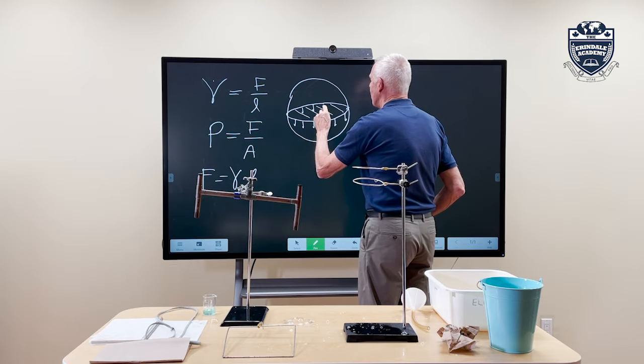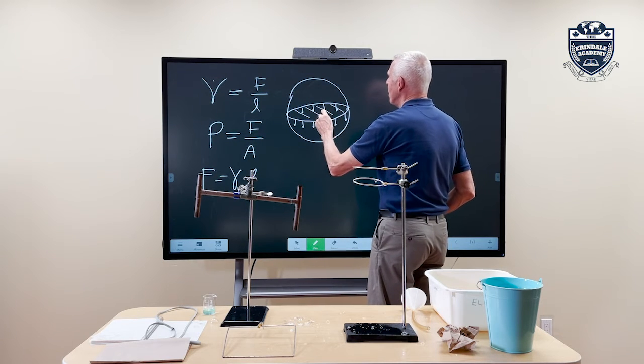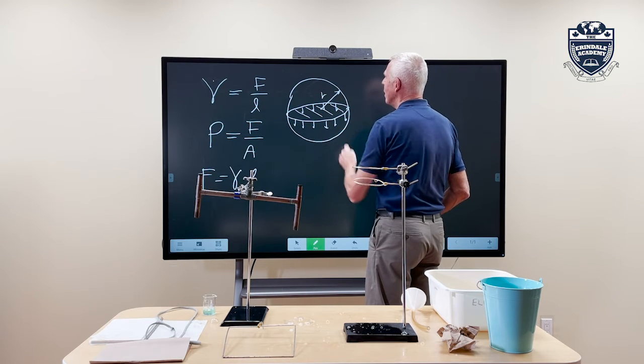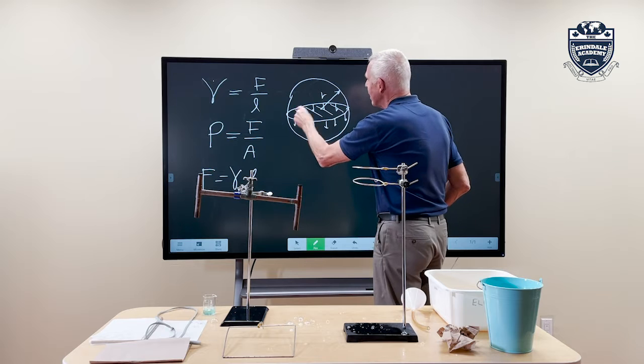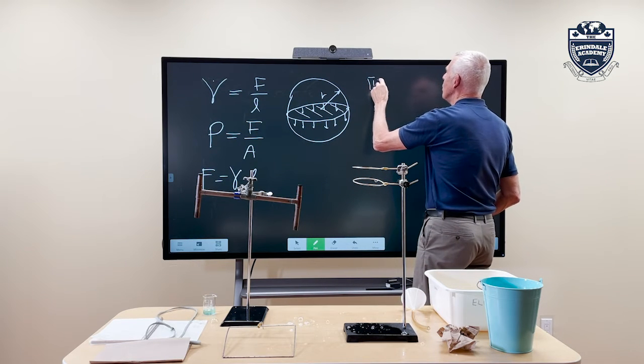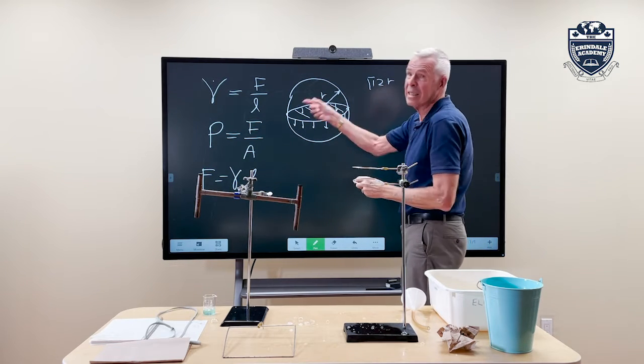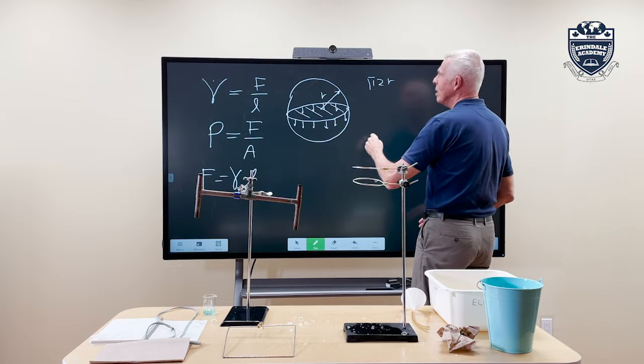Imagine we cut this sphere in half. We have all of that length. If the soap bubble has a radius r, then this length would be 2πr, right? 2πr is the distance around a circle. So what is the force?